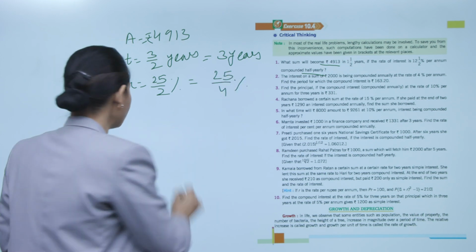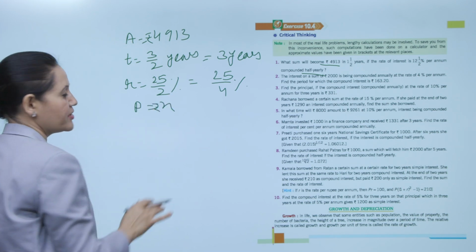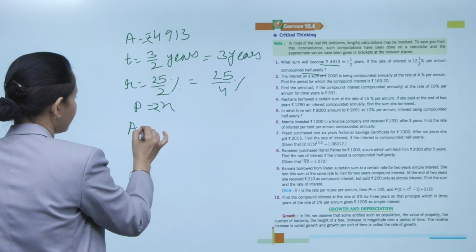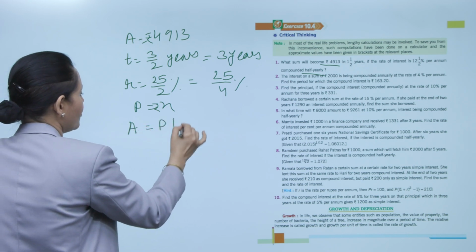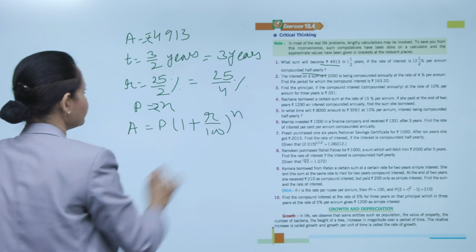Suppose the principal we have to find is x rupees. So now we'll put the formula A equals P 1 plus R upon 100 to power n.